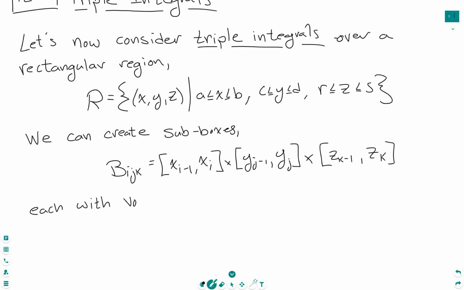Each with volume that we will denote delta V of ijk. And it's the length, width, and the height that we give this box.